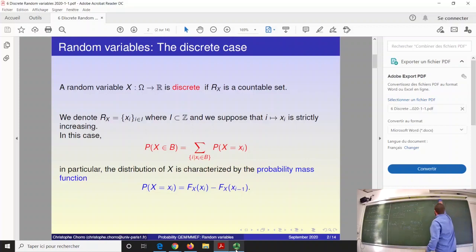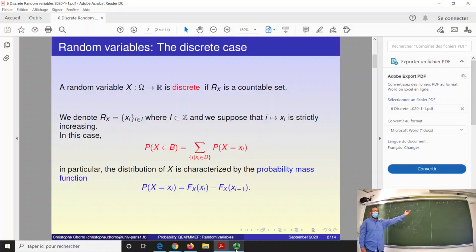We have seen together that for a general random variable, that is, if I am in this situation without supposing anything, okay, we have proved together that the probability that X is less than b, strictly greater than a, is equal to F_X(b) minus F_X(a). Okay? So I have this one.